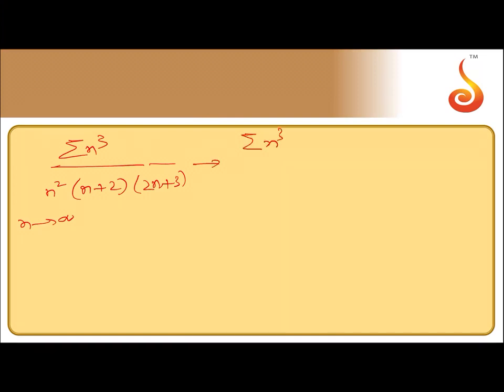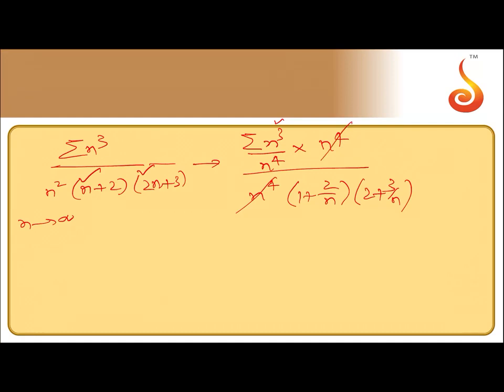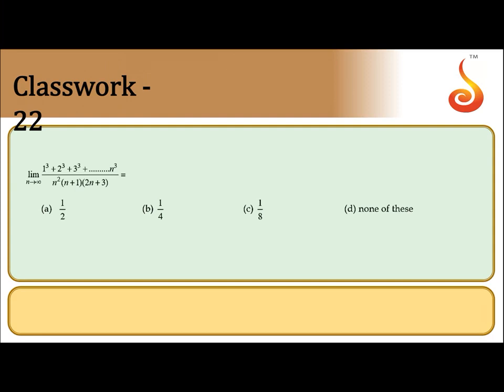Sigma n cube, because the power is 3, divided by n power 4, multiplied by n power 4 divided by, from here n taken common, n power 4 multiplied by (1 plus 2 by n) multiplied by (2 plus 3 by n). So that these two get cancelled. As n tends to infinity, this answer is equal to 1 by 4 divided by (1 plus 0) multiplied by (2 plus 0). So that is equal to 1 divided by 8, the required answer. So the answer is C.